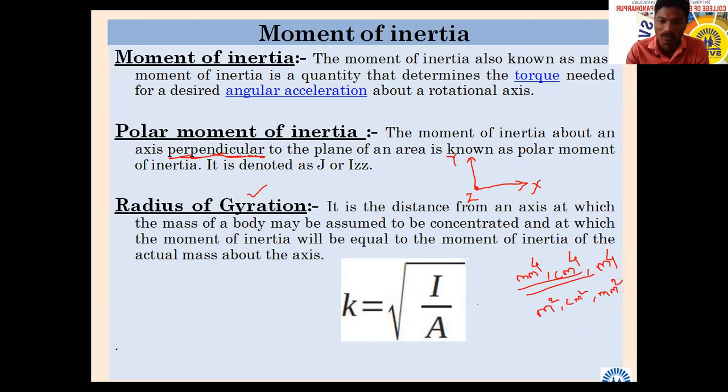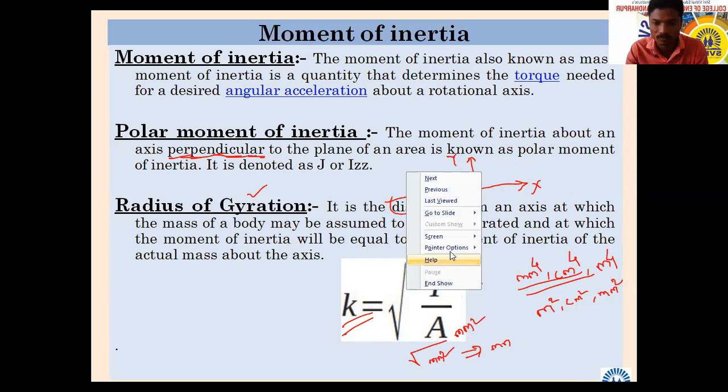If you write meter raised to 4 divided by meter square, then under root it will become meter. Automatically it gives a distance, because it is a radius. This term is a distance. That's why it is the radius of gyration.